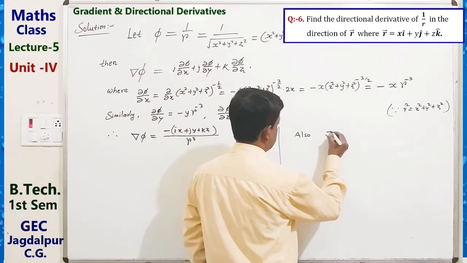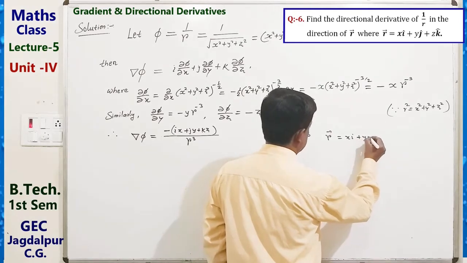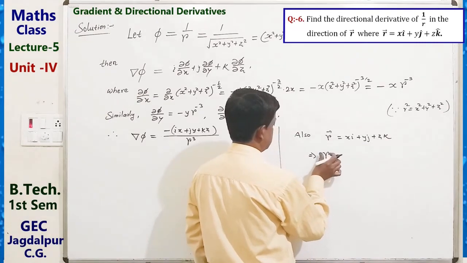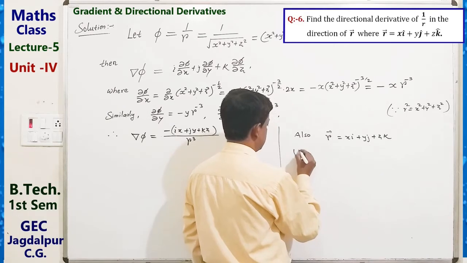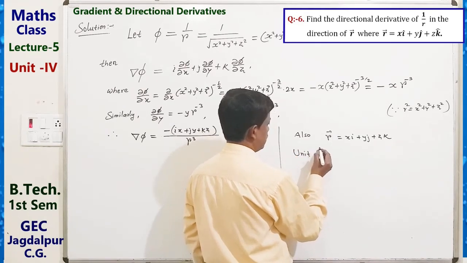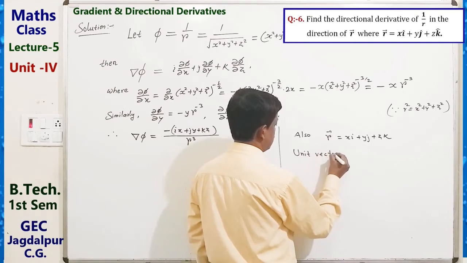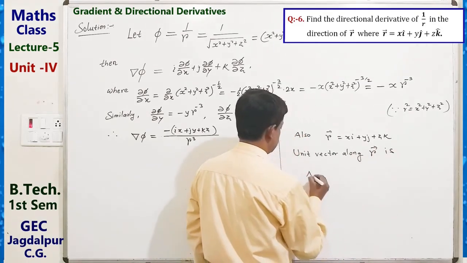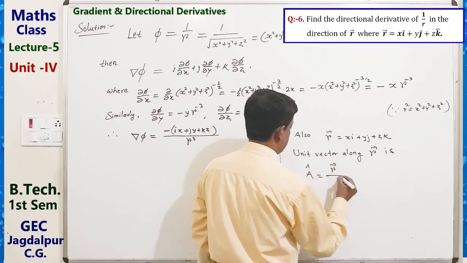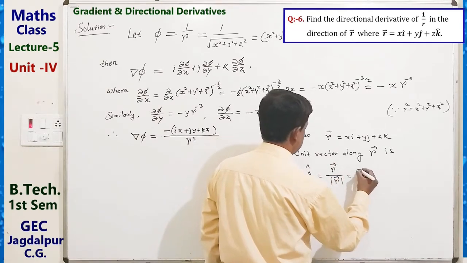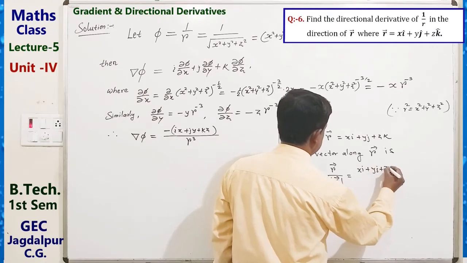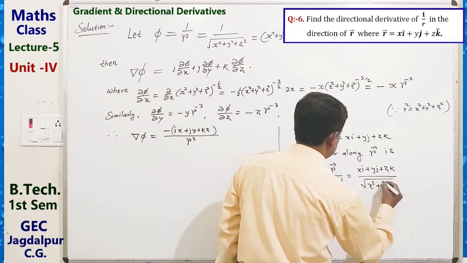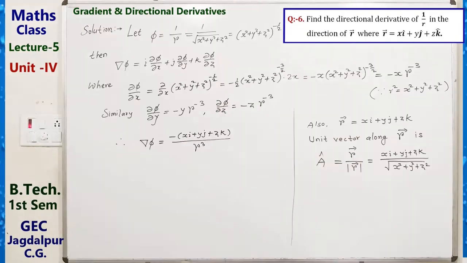Also R equals xi plus yj plus zk, which implies the unit vector along R is a cap, vector R by modulus of R, that is xi plus yj plus zk upon root of x square plus y square plus z square.